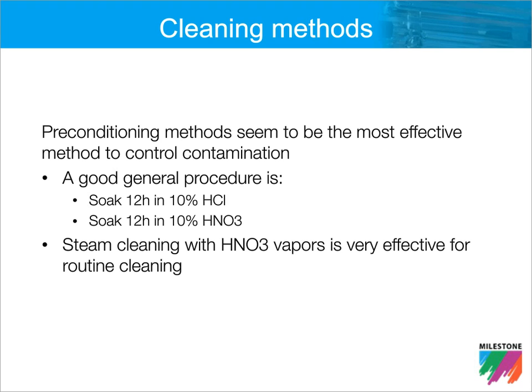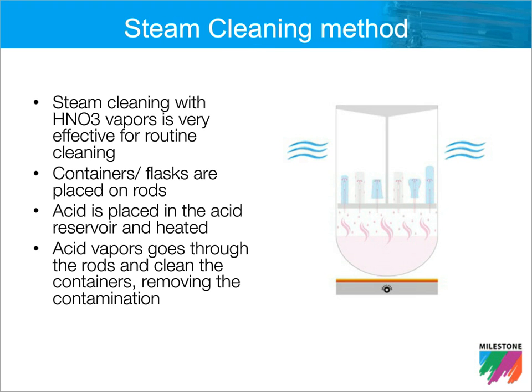An alternative approach that works extremely well to the traditional way of cleaning is actually steam cleaning your lab materials with nitric vapors. Now, the steam cleaning method is relatively simple. What you have is a container that has a large reservoir of acid in the bottom.